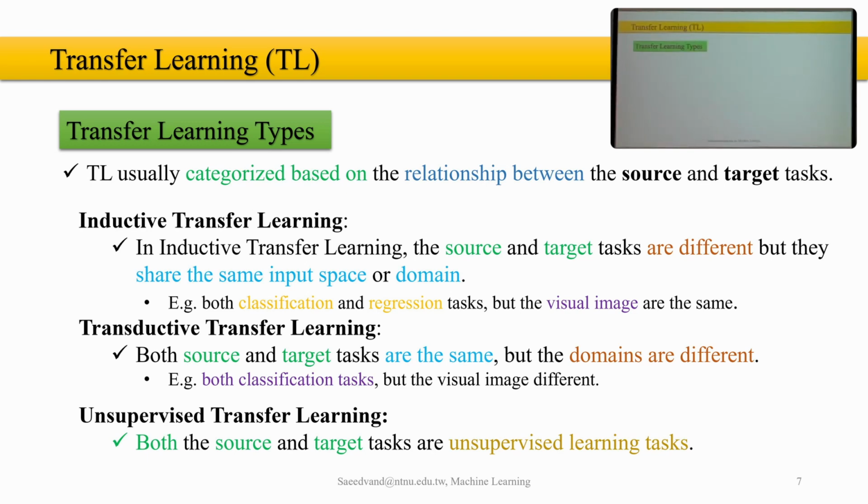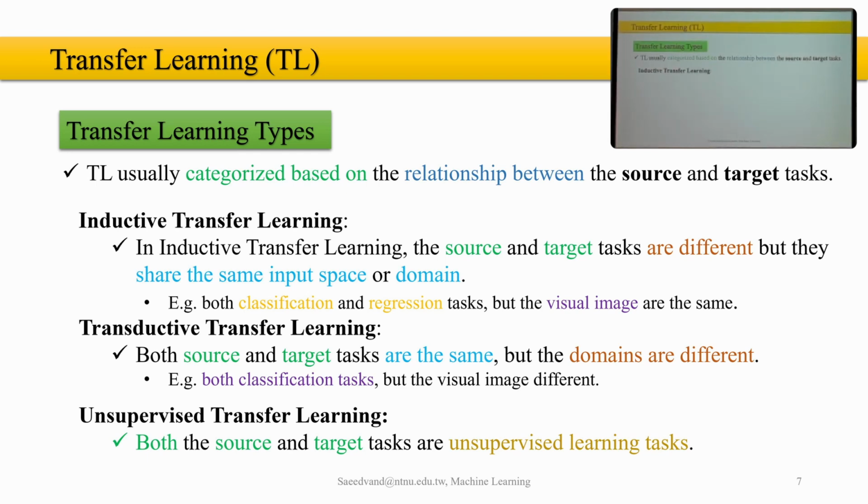So now let's talk about different types of transfer learning. We have generally 3 different types. They are usually categorized by the relationship between the source and target task. So how the source and target tasks are related to each other, we usually categorize based on that. The concept is pretty simple.